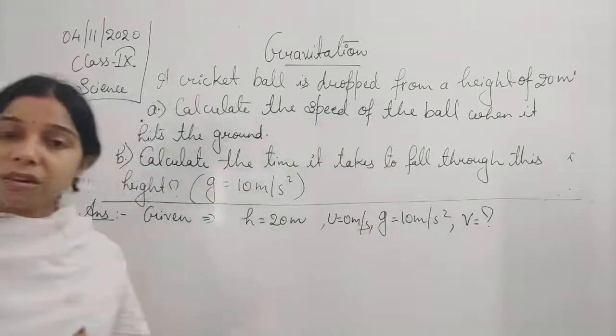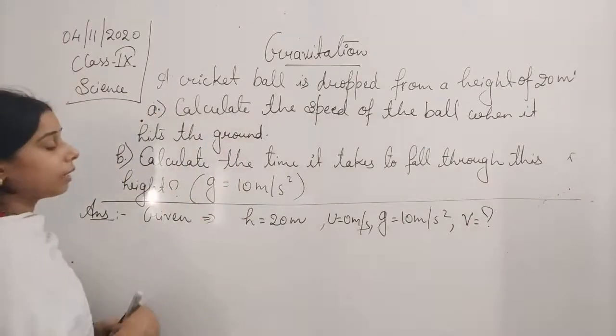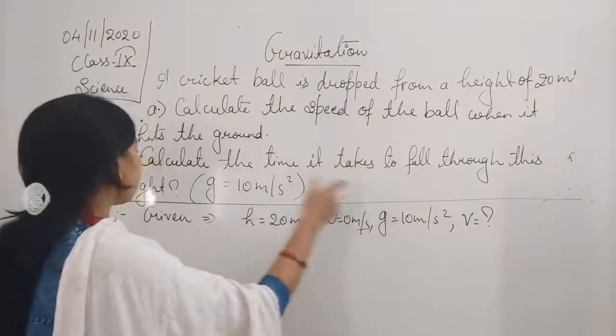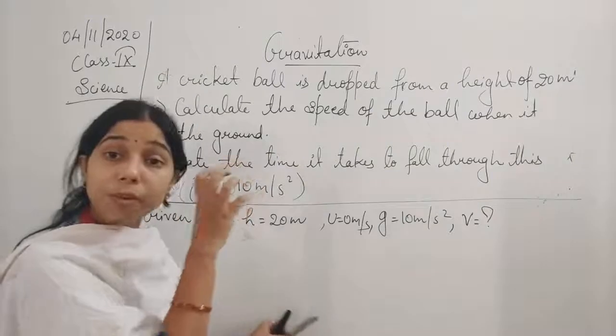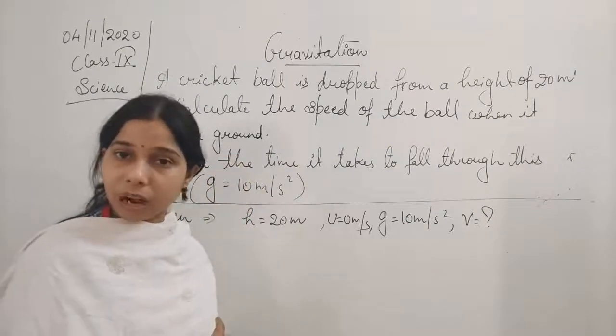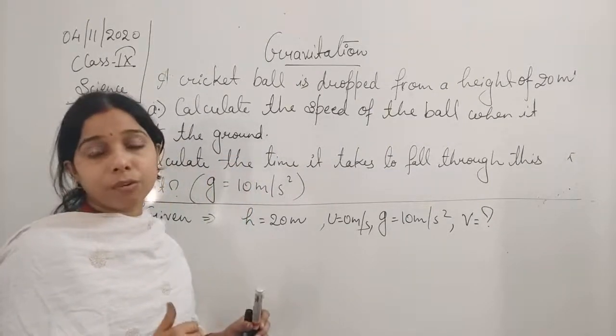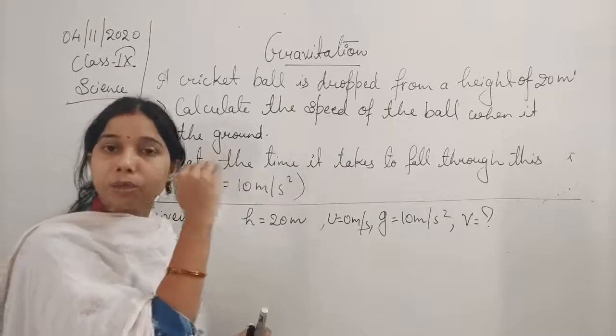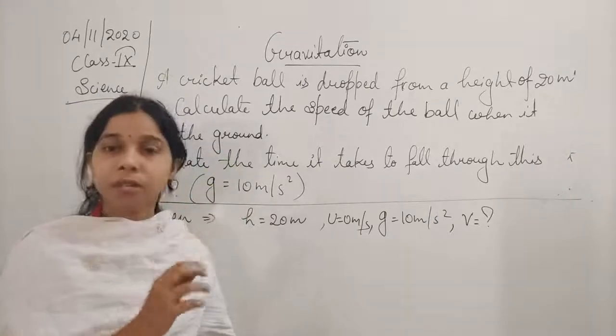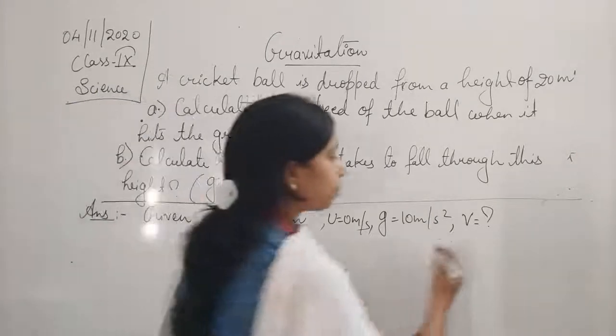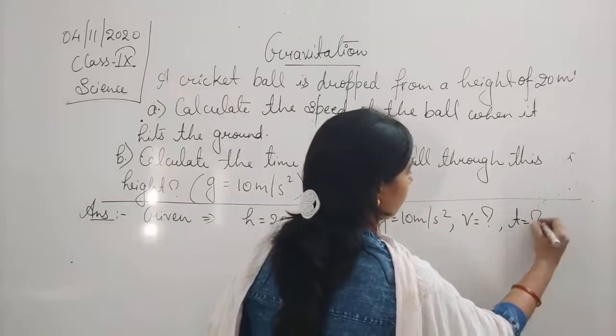Next one, student, calculate the time it takes to fall through this height. How much time will it take to hit the ground, or to come down from the height from where it has been dropped. So the next thing to find is t.